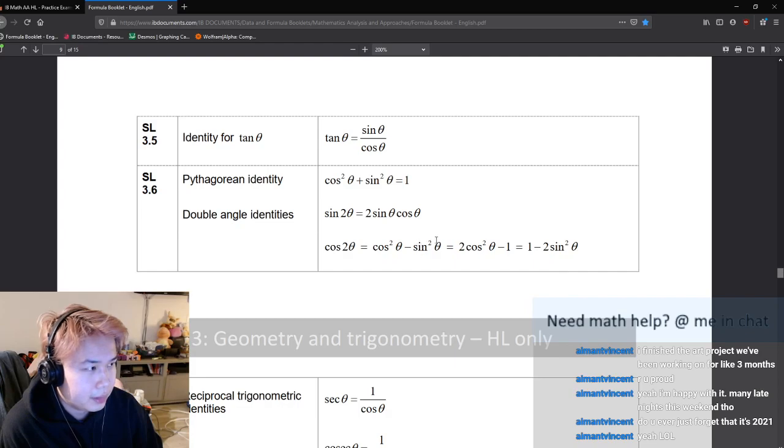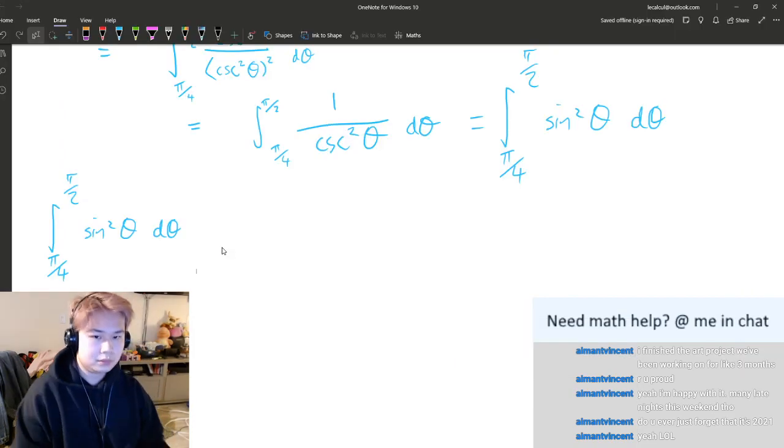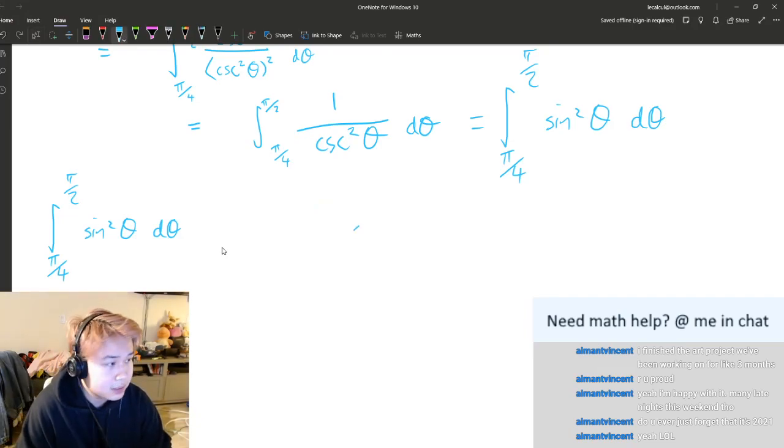I can do this one, but then I end up with cosine. If I do this one, then I have this one minus 1/2. And then I need to integrate this part. This part is fine. Okay, I think this is it. So we're going to use the fact that cosine 2 theta is 1 minus 2 sine squared theta.